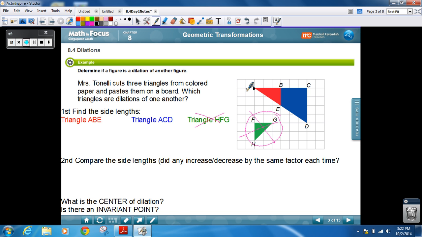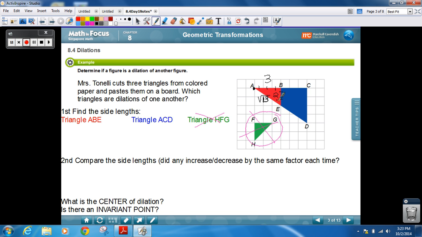So on triangle ABE, this side is 3. This side is 2, and using our information from last chapter, a squared plus b squared, 3 squared plus 2 squared, gives us the square root of 13. 3 squared is 9 plus 2 squared is 4, which is 13.